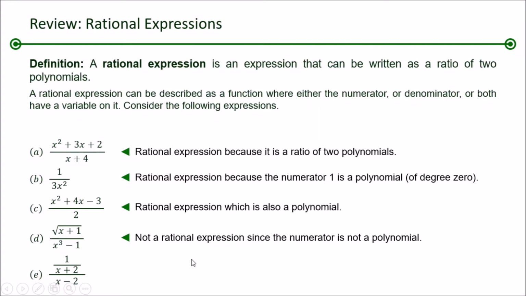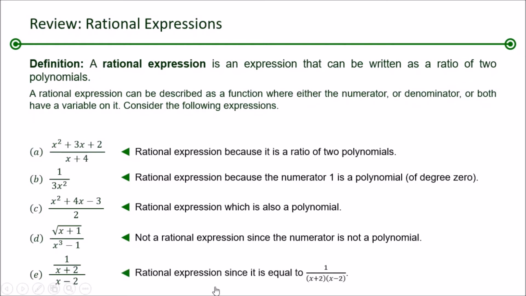Going back to letter D, since the numerator is equal to square root of x plus 1, equivalently, square root of x plus 1 is the same as x plus 1 raised to 1/2. That means the degree of x plus 1 being the base is 1/2, and 1/2 is not an integer. Therefore, letter D is not a rational expression.